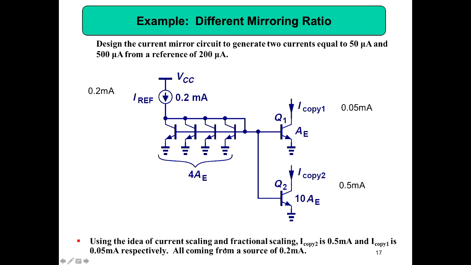Using the idea of current scaling and fractional scaling, I copy 2 is 0.5 milliamps and I copy 1 is 0.05 milliamps respectively, all coming from a source of 0.2 milliamps. Here first we saw our source is 0.2 milliamps, and what you need is 0.05 milliamps.